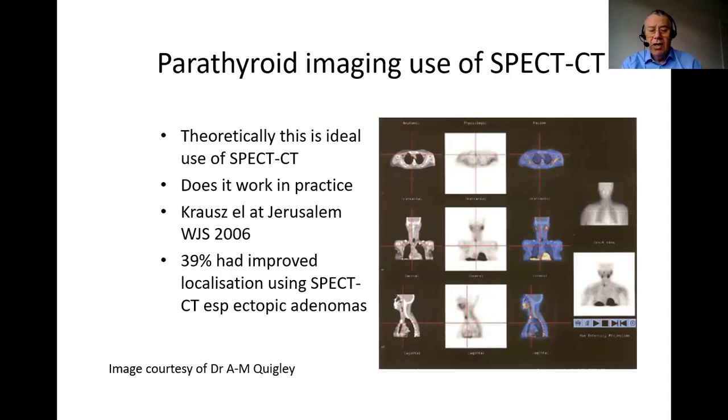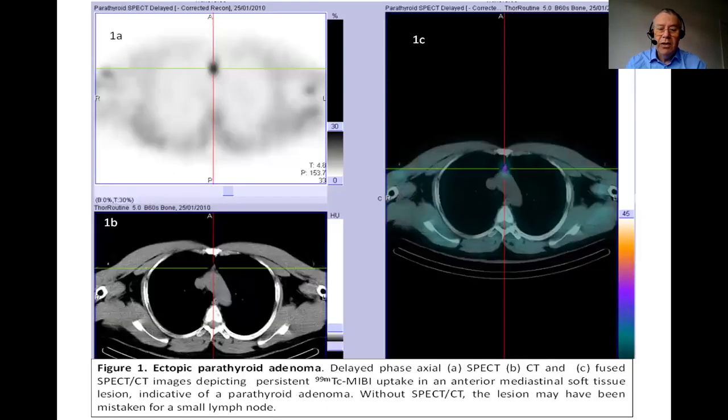It was done in Israel and showed a 39% improved localization with SPECT-CT, and in particular was able to find ectopic parathyroid adenomas. The image that I'm showing you here has an upper mediastinal parathyroid adenoma, and this was done on a very old type of machine using a flat panel CT, which was done at the Royal Free Hospital.